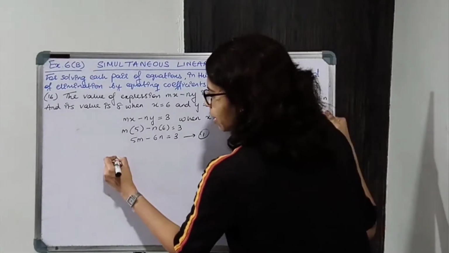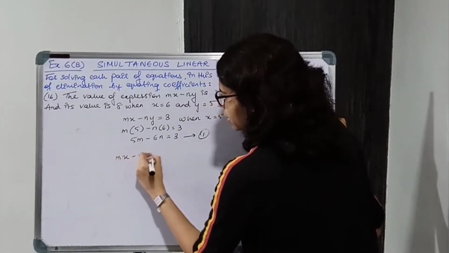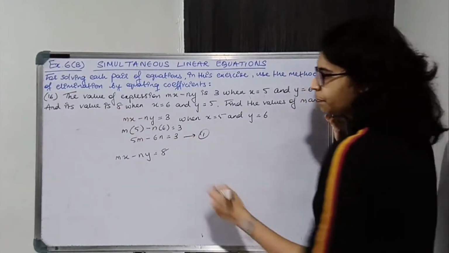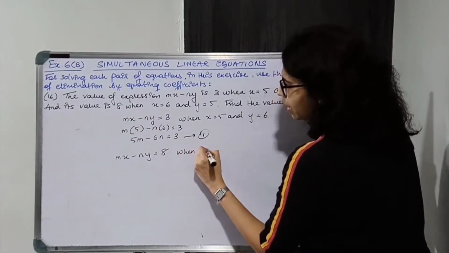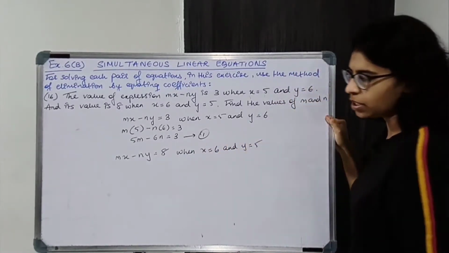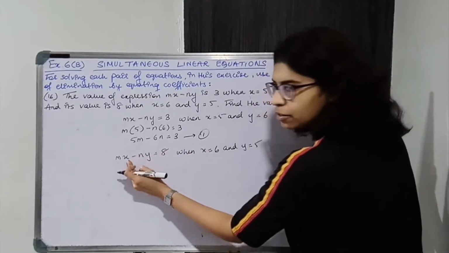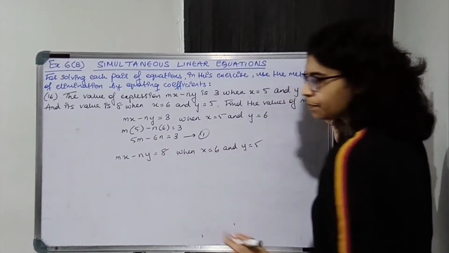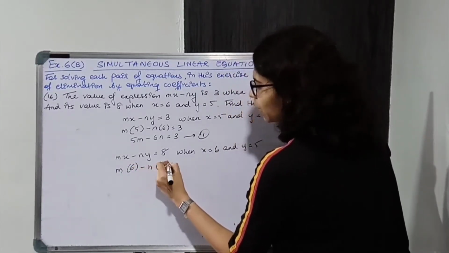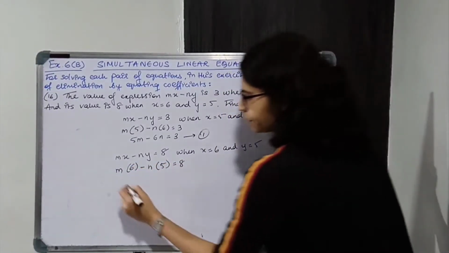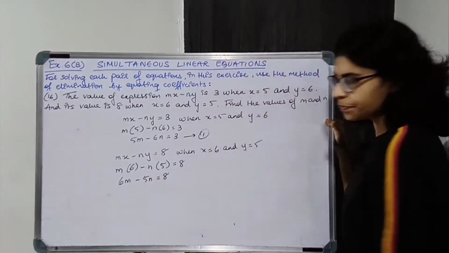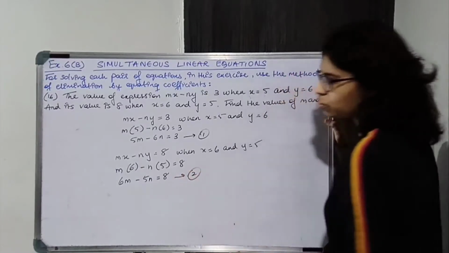So we'll substitute the values of x and y. So m into 6 minus n into 5 is equal to 8. So 6m minus 5n is equal to 8. This is the other equation.